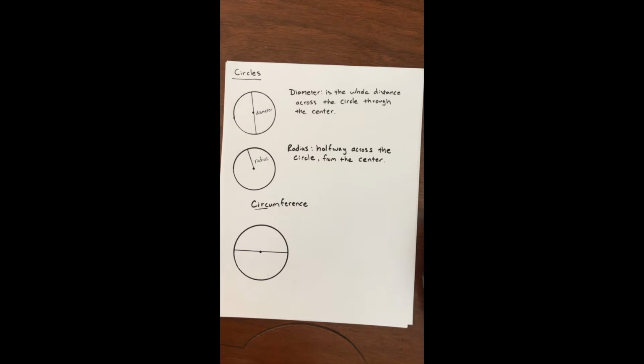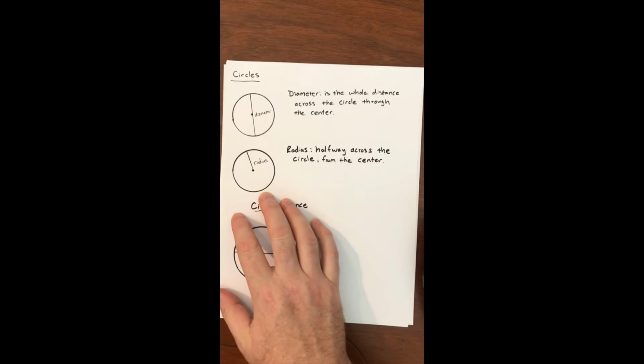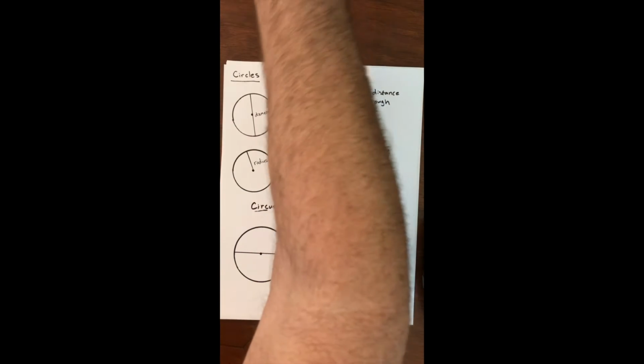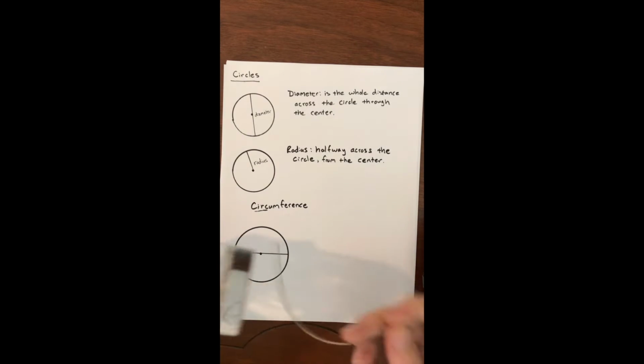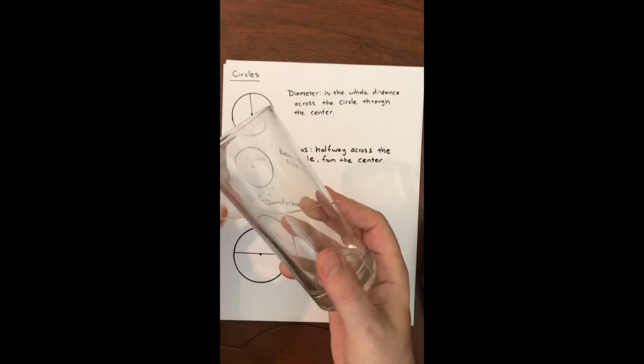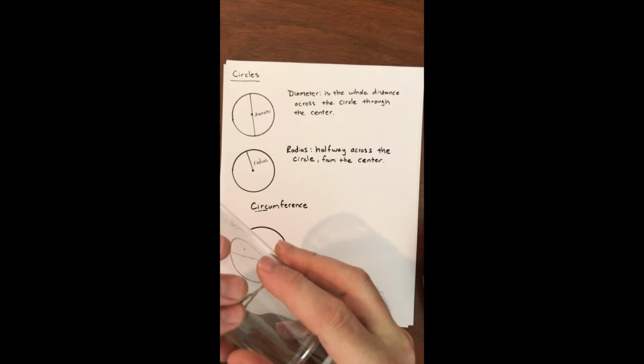Now what I'm going to do is show you, where'd my string go? Oh, it fell on the ground. There we go. So I'm going to take this string and wrap it around this glass, right? See how it just perfectly touches at the end there?